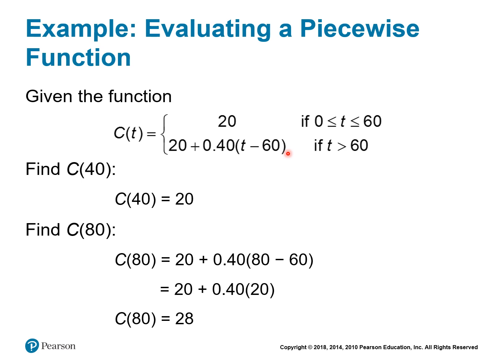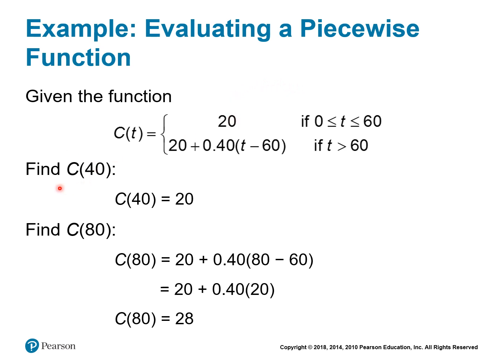So when we are asked to evaluate piecewise functions, we have to be careful to see in which interval the given domain value, the given x value, or in this case the t value, fits, and then accordingly choose the appropriate function for evaluation.